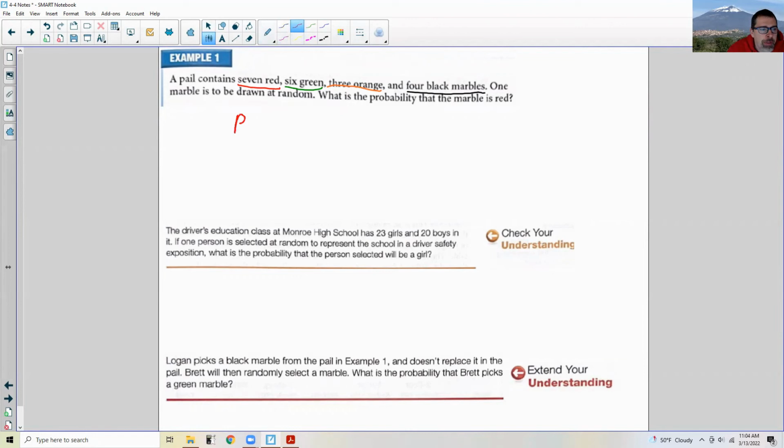So I'm going to say the probability, outcome R, is going to equal the number of red marbles divided by total marbles. Okay, so in doing that, the number of red marbles is 7 divided by 7 plus 6 plus 3 plus 4. 7 and 6 is 13, and 3 is 16, and 4 is 20.